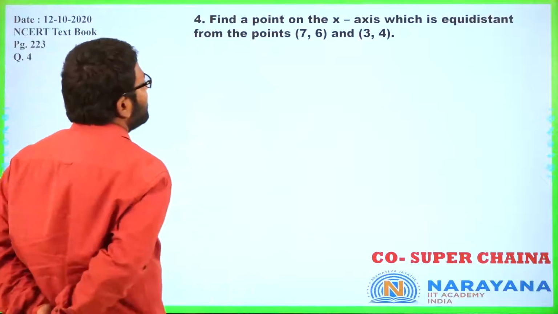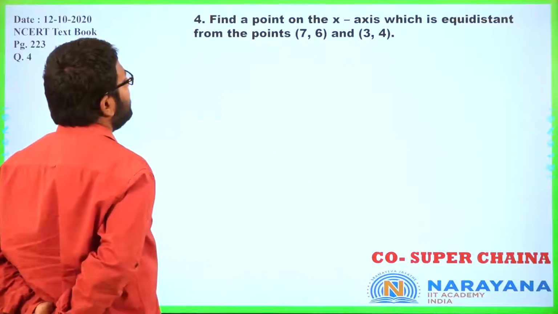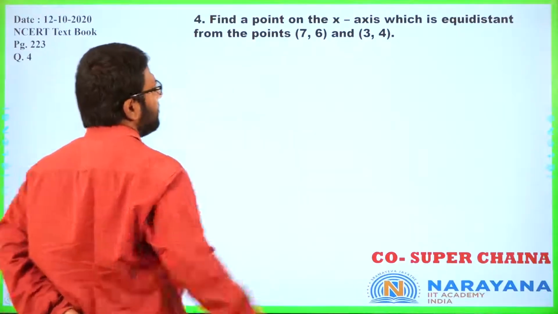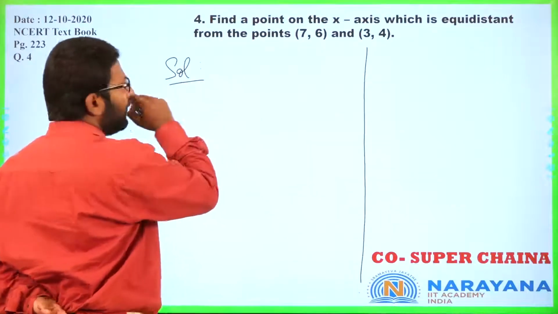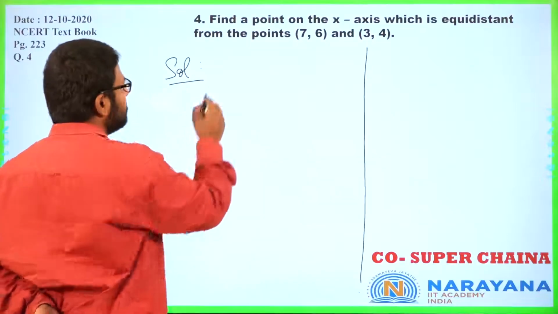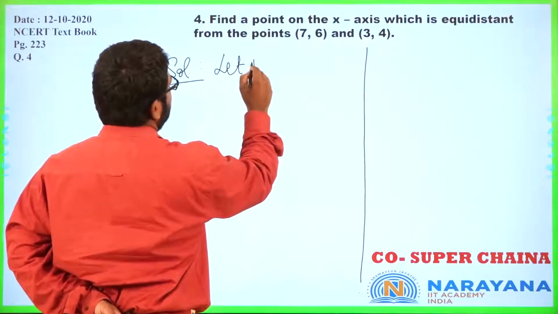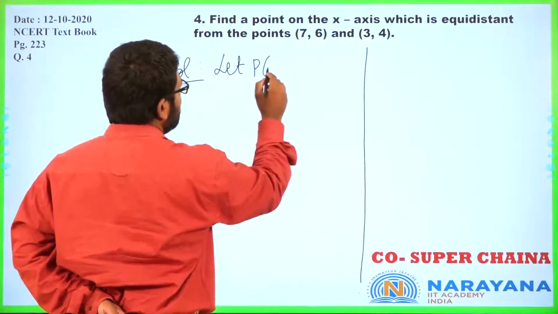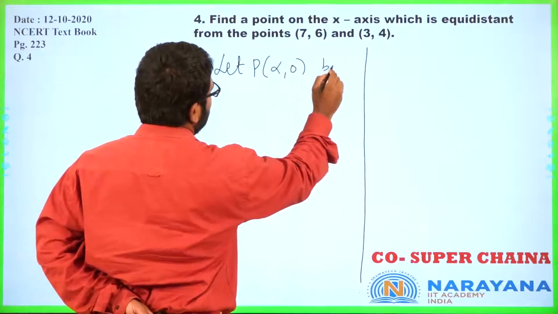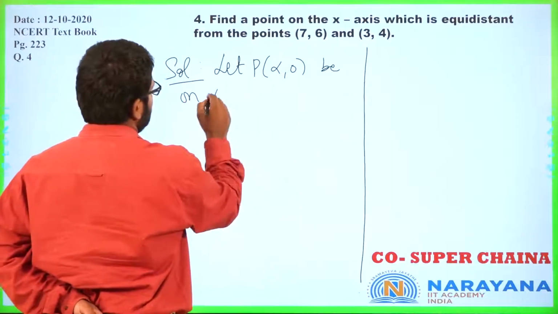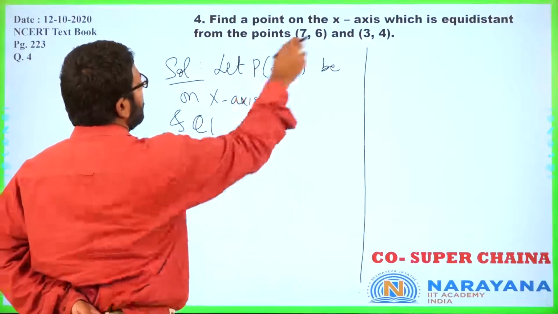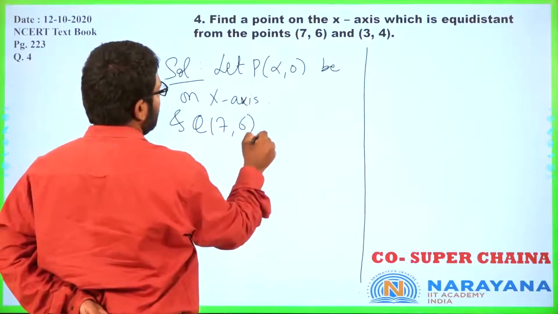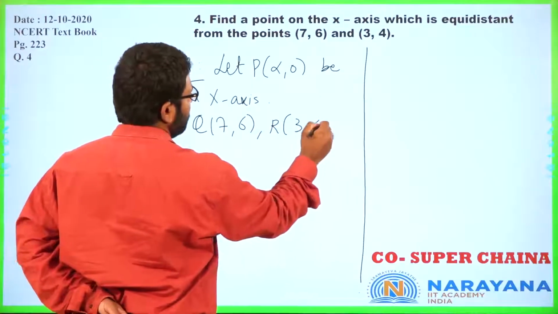Find a point on the x-axis which is equidistant from the points 7, 6 and 3, 4. Alright. So, any point on the x-axis can be taken as what? Let P, alpha, 0 be on the x-axis, and Q and R be the given points: Q 7, 6 and R 3, 4.